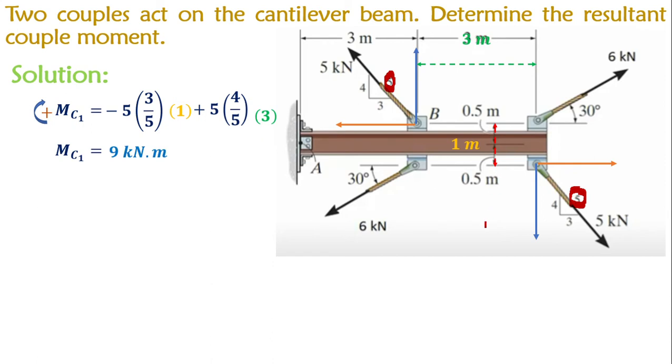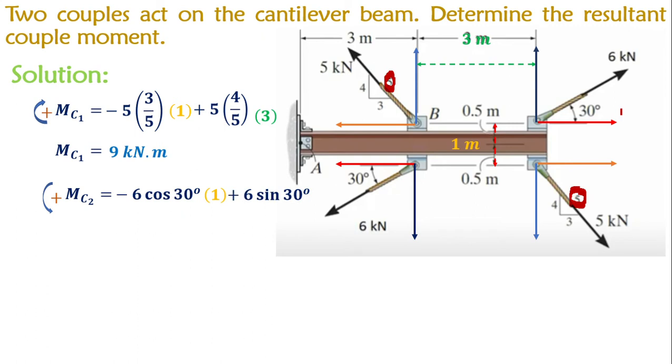Next, for couple 2, we have to get the x and y components. We have here M2, that is negative. Bakit siya naging negative? Kasi ang in-assume ko ngayon, counterclockwise is positive. So, pag inikot ko to, that is clockwise. Okay, next, the other one, we have here moment arm 1, and this is counterclockwise.